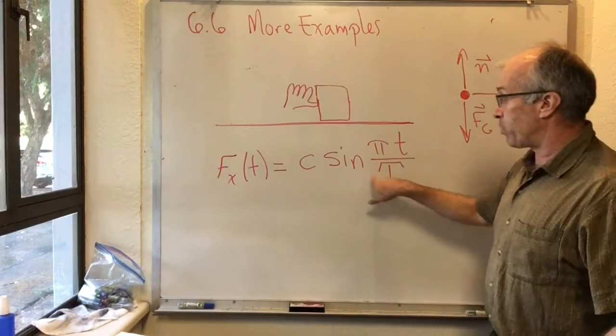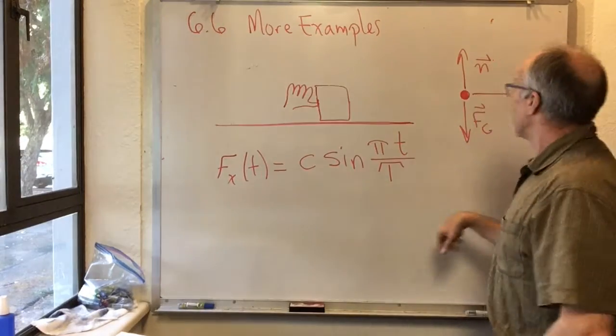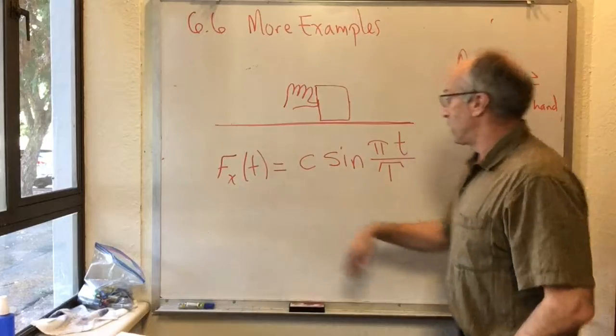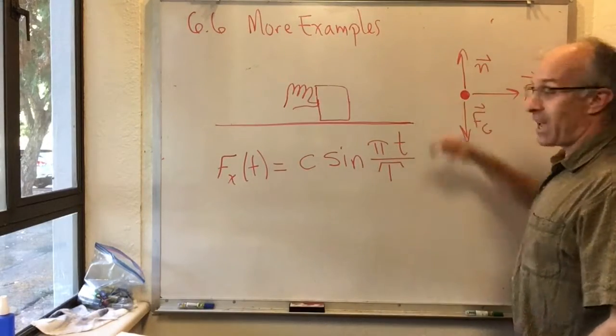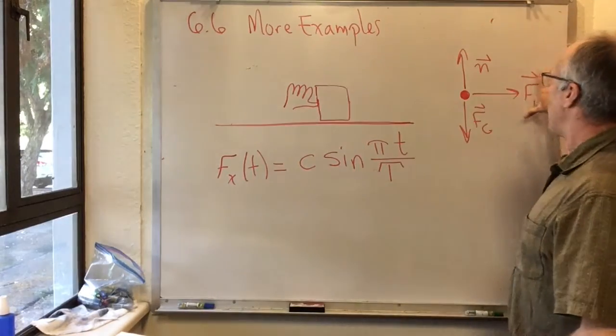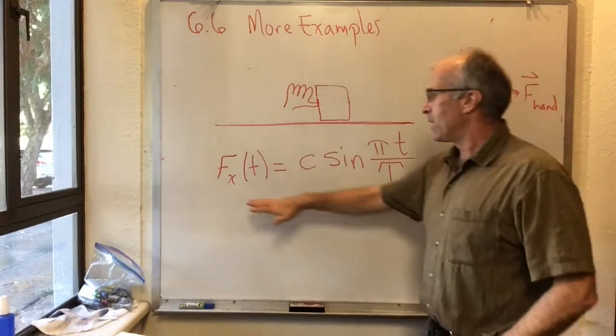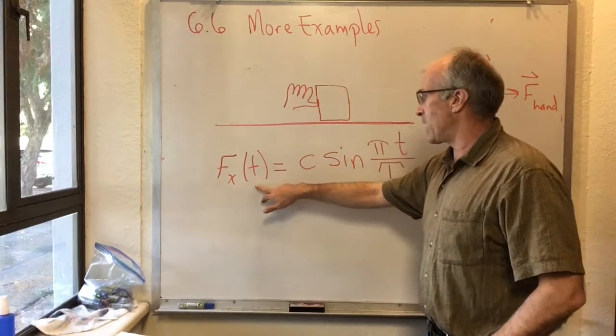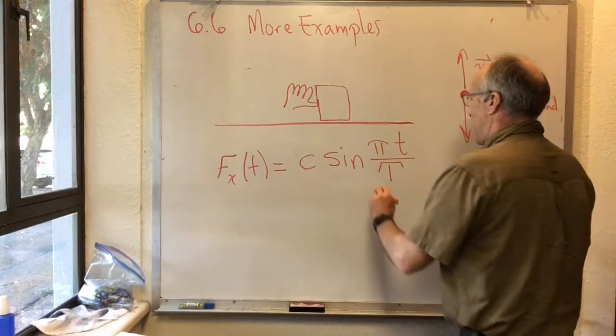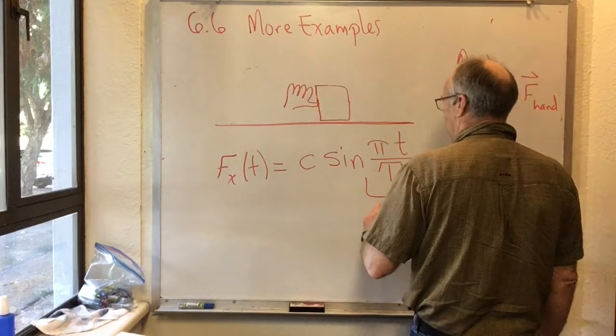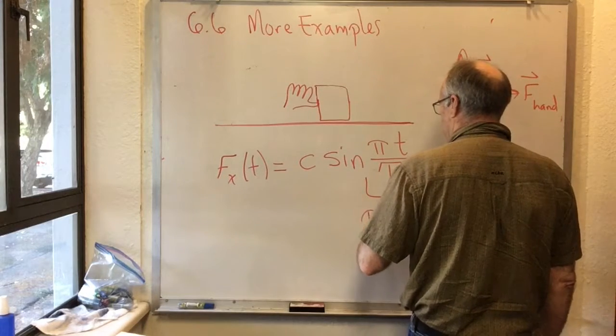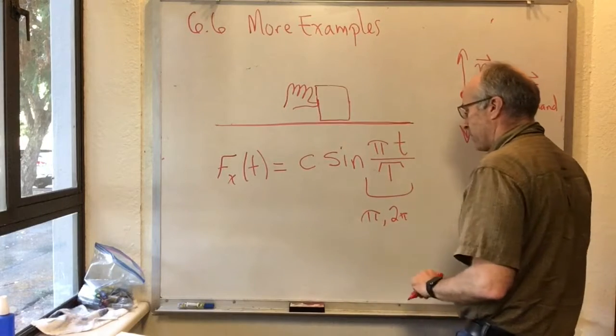And actually, this expression can go negative. So when Fx of t goes negative, F hand points the other way. But I'm going to draw F hand as pointing right, and then you'll know that whenever this becomes negative, that happens, for example, when this entire argument is between pi and 2 pi.